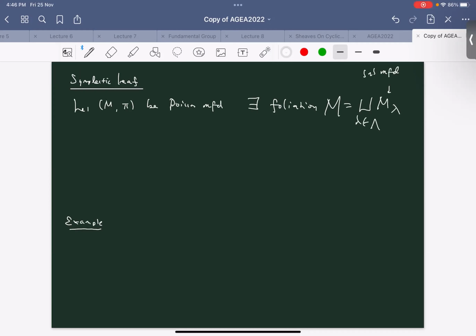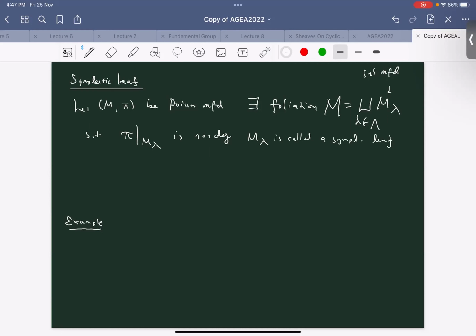It could be just locally closed, such that if I restrict the Poisson bivector to this slice or this stratum, it is non-degenerate. Okay, so such an M_lambda will be called a symplectic leaf.